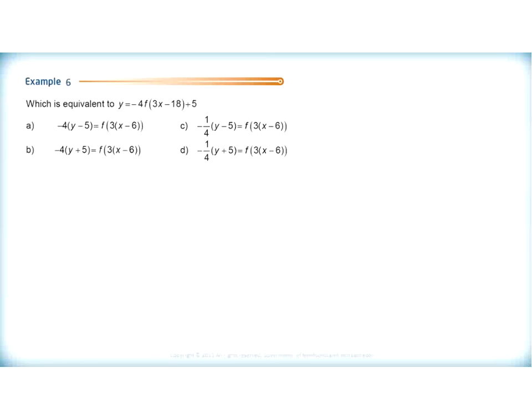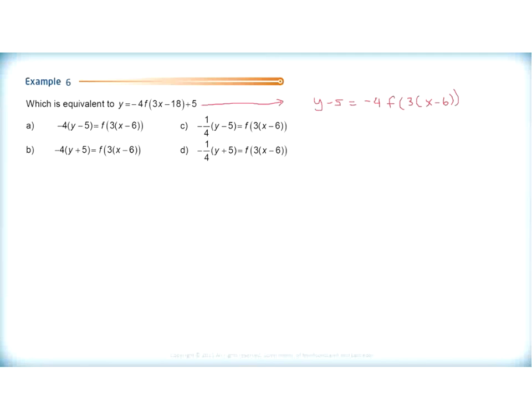Example 6, which is equivalent to that equation there. Now we're going to rewrite that equation in what we were talking about, transformational form. Let's write it correctly. We're going to simply bring the 5 over first and write y subtract 5 equals negative 4 times f of, now again we need to remove the 3 as a common factor, x subtract 6.